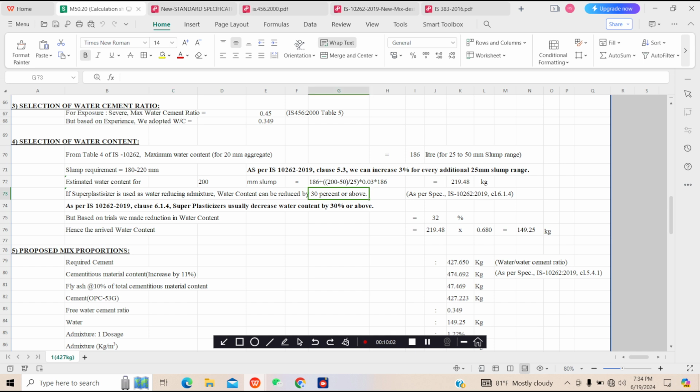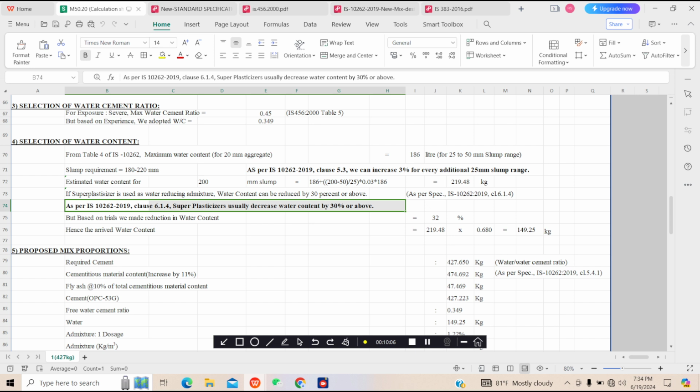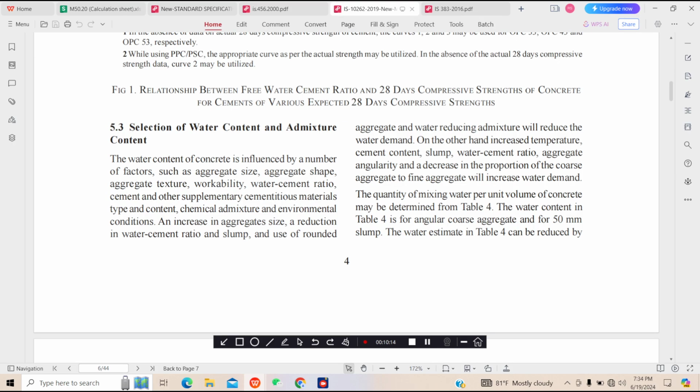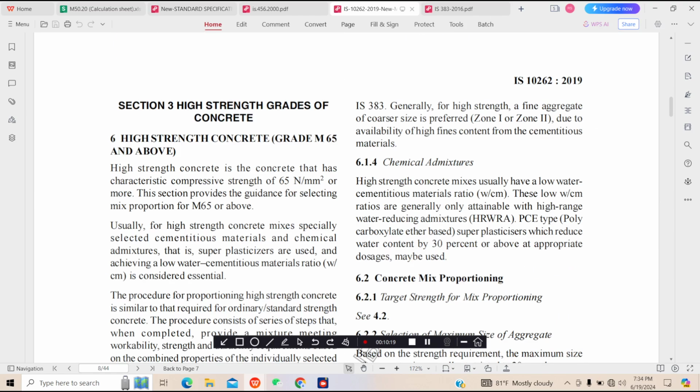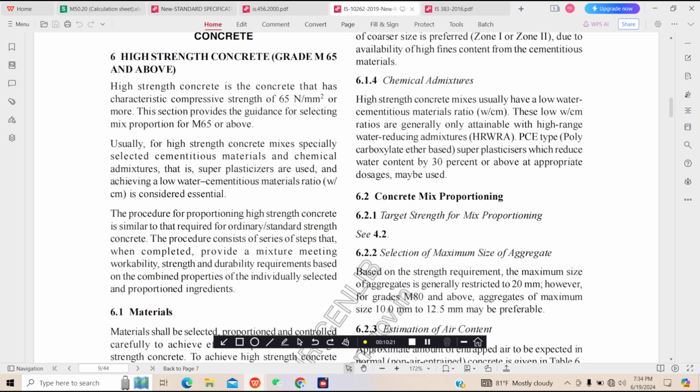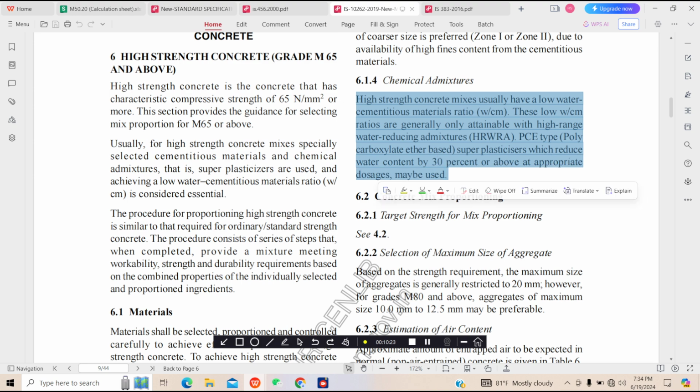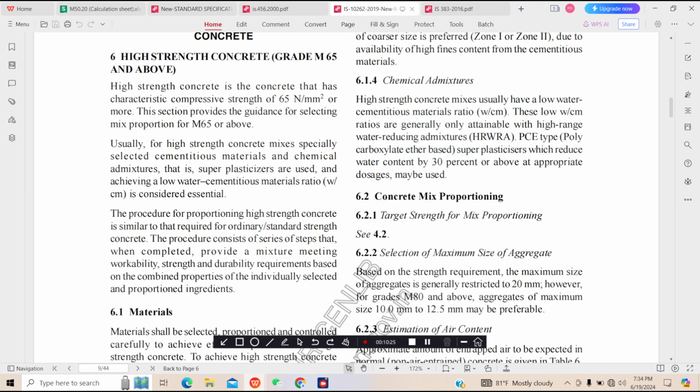So for this I will show you, as per clause 6.1.4 of the IS 10262 code. Here in this clause we can clearly see: high strength concrete mixes usually have a low water cementitious material ratio.